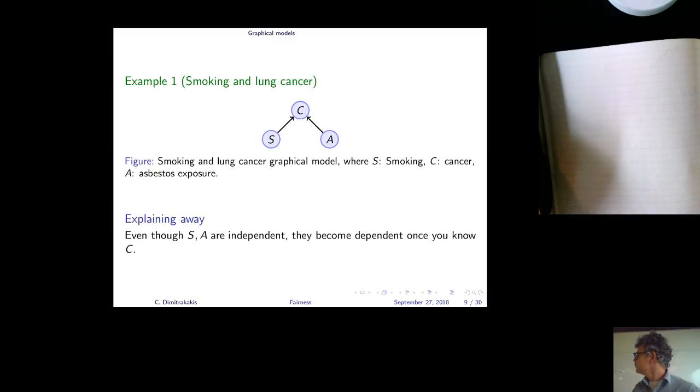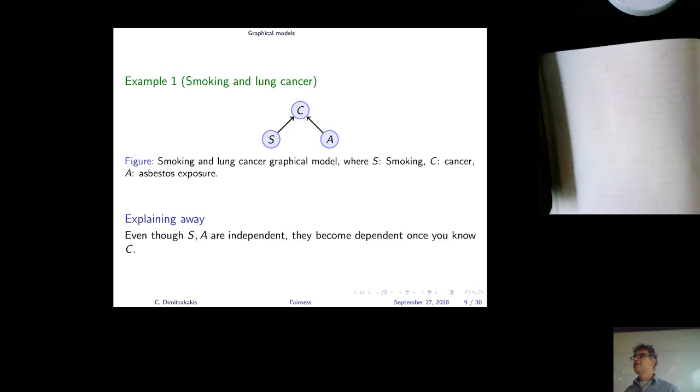We mentioned the idea that dependence changes when we know something compared to when we don't. In the lung cancer example, if we don't know whether somebody has cancer, then the probability of smoking and the probability of inhaling asbestos are independent. But if you know that somebody has cancer and that they don't smoke, then it's probable that they have inhaled asbestos, and the other way around.